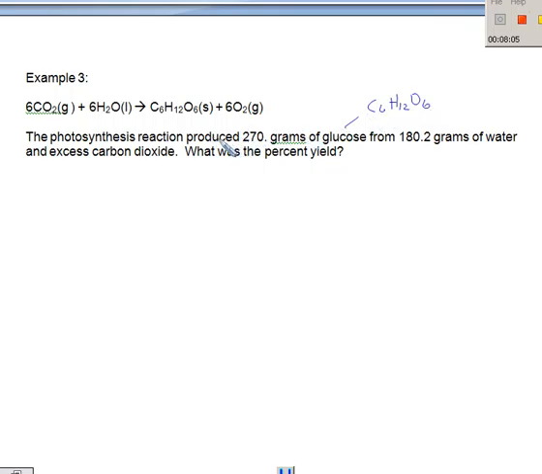The photosynthesis reaction produced 270 grams of glucose. So we made 270 grams of this material from 180.2 grams of water. So we have 180.2 grams of the water. What was the percent yield? This is on the product side, so this here is our actual yield. So let's go ahead and label that. There's our actual yield.